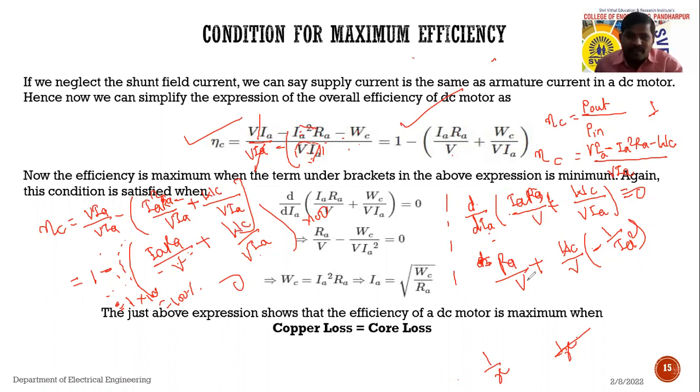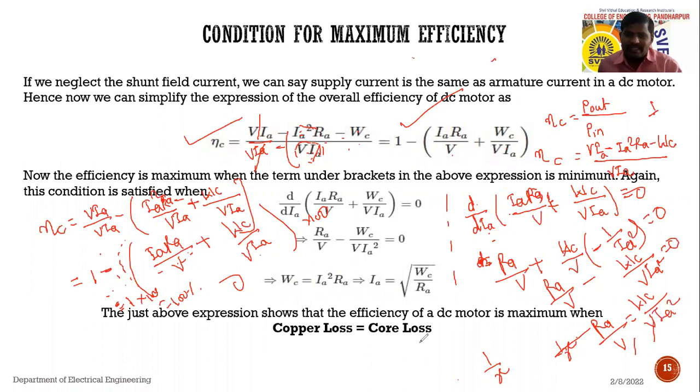Okay, see, RA divided by V plus WC divided by V into minus 1 upon IA square, this differentiation equals 0. So the equation becomes RA upon V minus WC divided by V into IA square equals 0. Shift this term to the right hand side: RA divided by V equals WC divided by V into IA square.